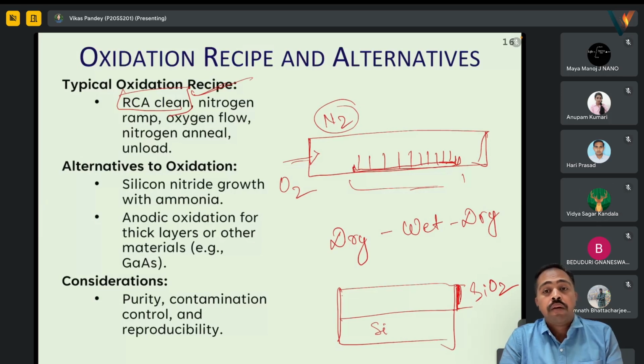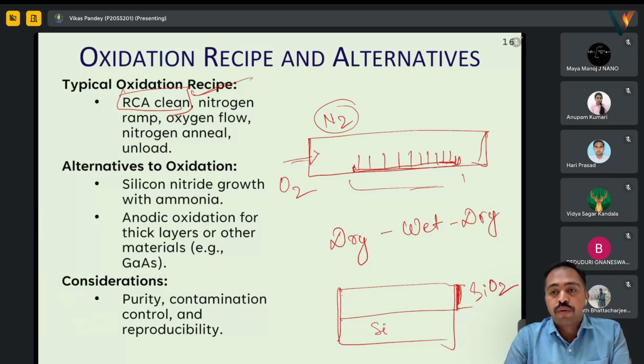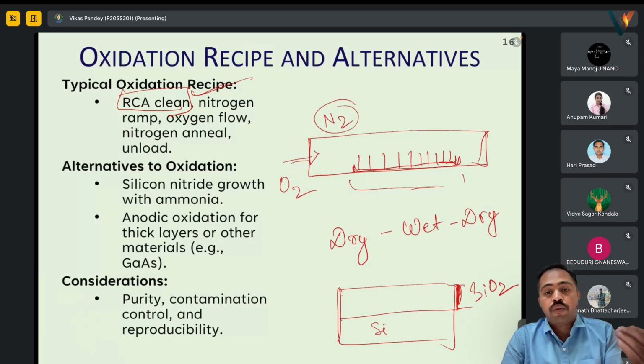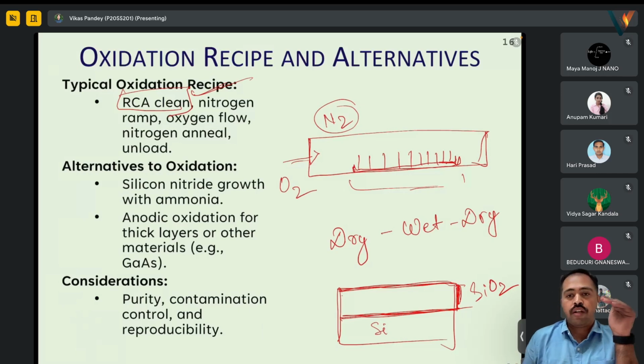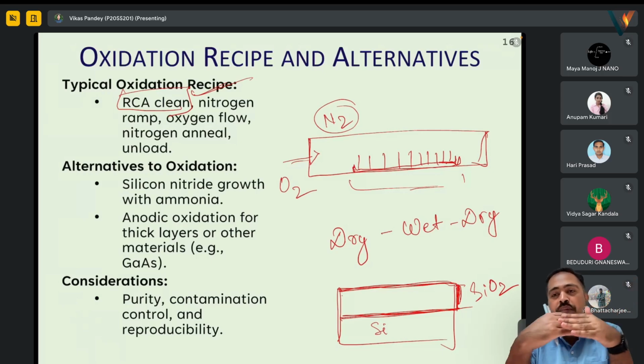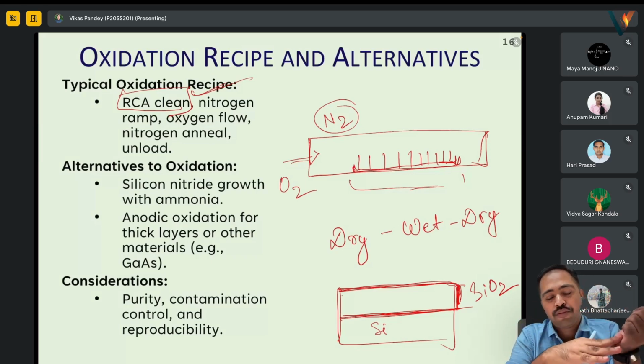But it has the problem that it is a slow process. So generally the top layer and the interface layer, we want very good quality of oxide, because the interface is the place where all the electrical conductivity and these things will be affected, and the top we are going to use for further processing.